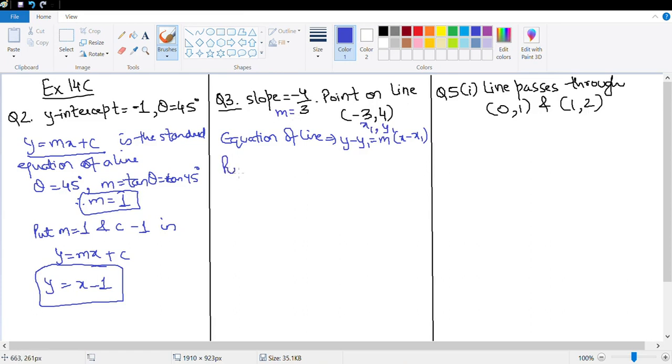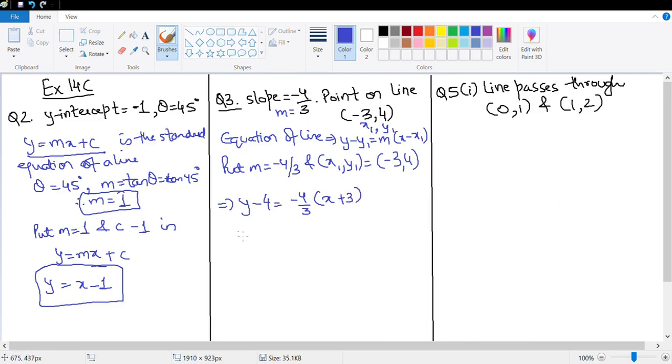So put m is equal to -4/3 and x1, y1 is equal to -3, 4. What we get is y minus y1, which is 4, is equal to m, which is -4/3, times x minus x1. x1 is -3, which means this becomes x plus 3.